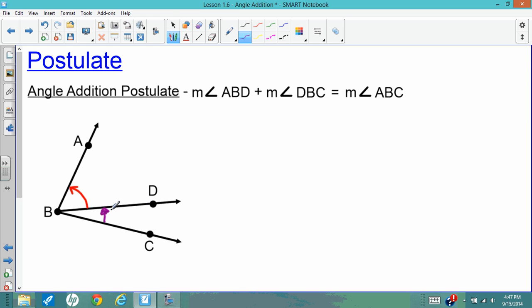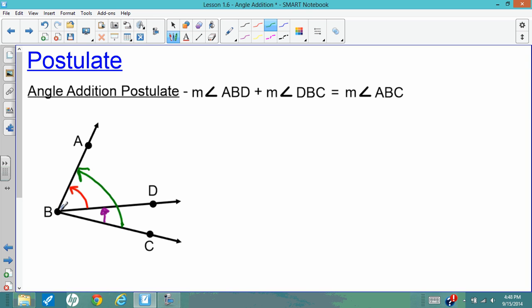And those two angles share a common ray. They share ray BD. So they kind of come together and they make one big angle, angle ABC. So we're talking about this entire big angle, and that's formed by putting the two smaller angles together, as you can see.